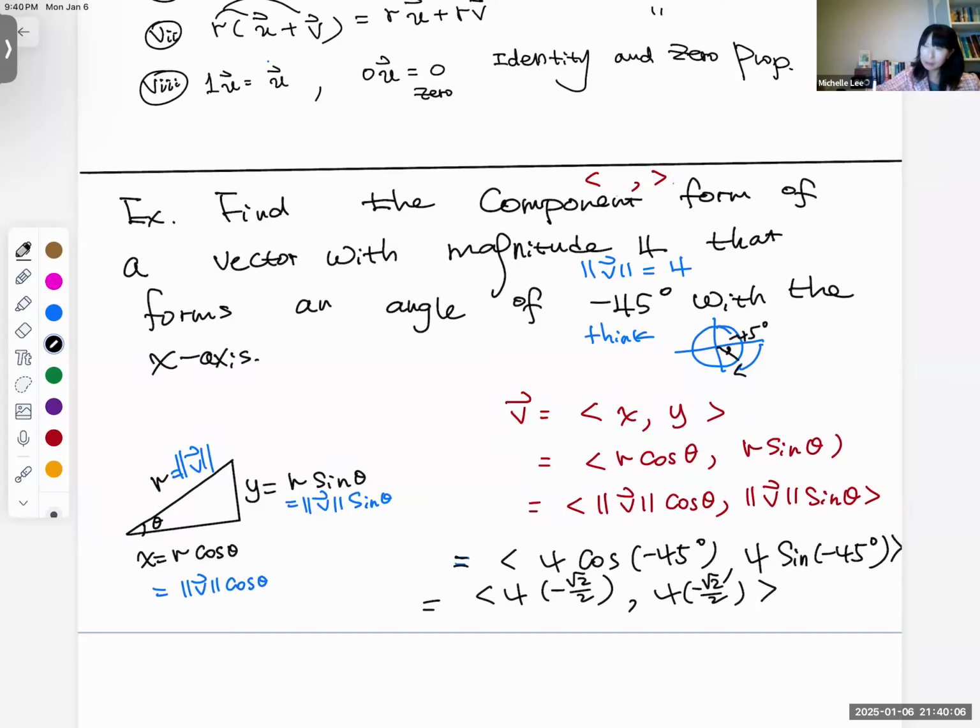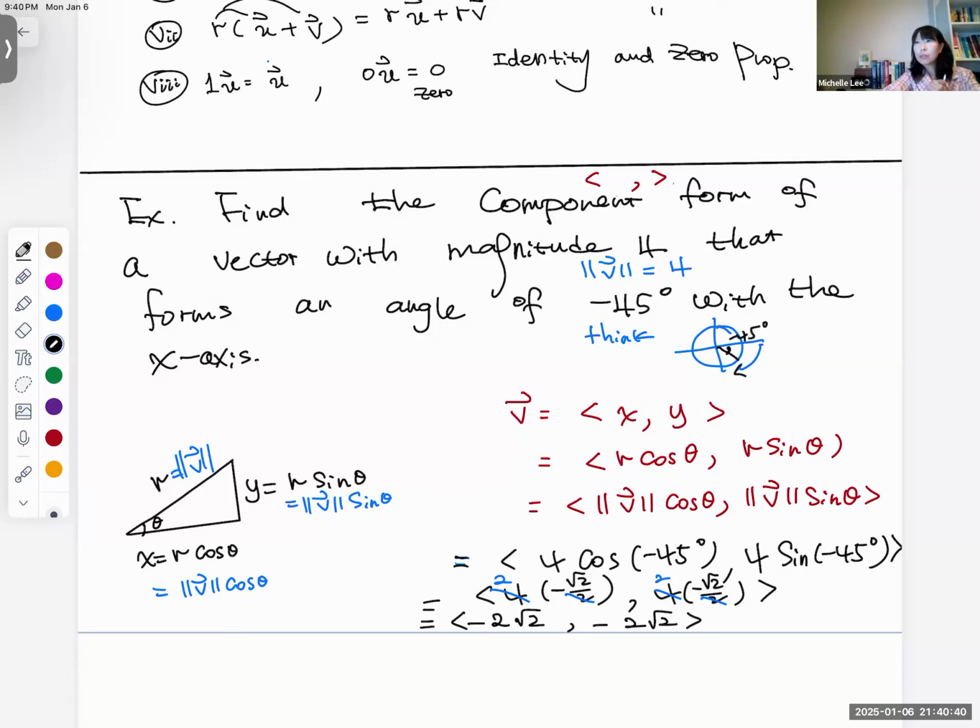Then we calculate. Easy to calculate, right? So that will be negative 2 square root of 2, and also negative 2 square root of 2. Any question?